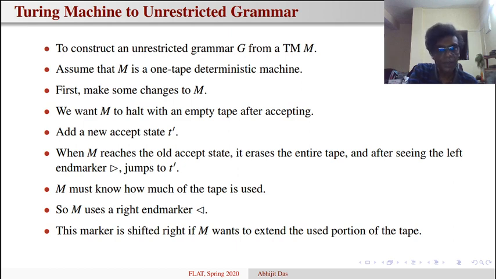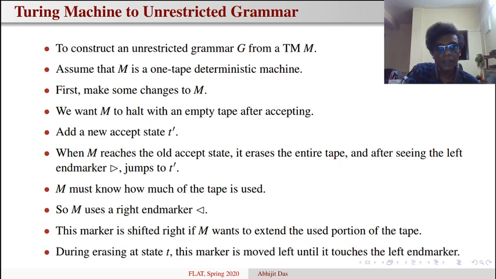And at the state T, before jumping to T prime, it will eventually make these two markers touch together. Then it will jump to T prime. It will shift the right end marker to bring it just to this position. Immediately after this, it will halt. So it's not exactly an empty tape.